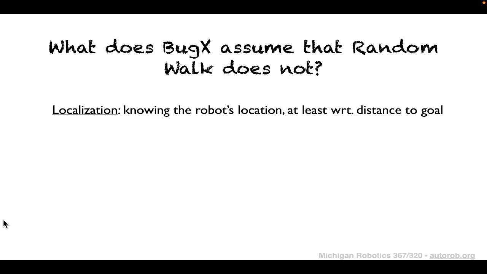But the key distinction is localization information. The random walk had no access to localization. It just used that bumper sensor, whereas the bug algorithms assume that they can localize themselves within the map, based on the starting location and as they record odometry data.